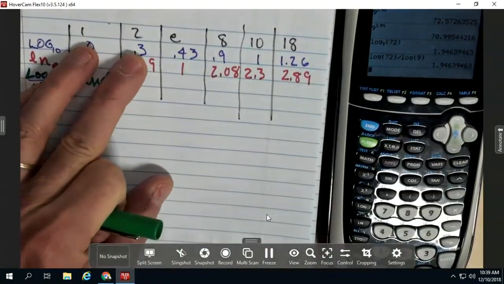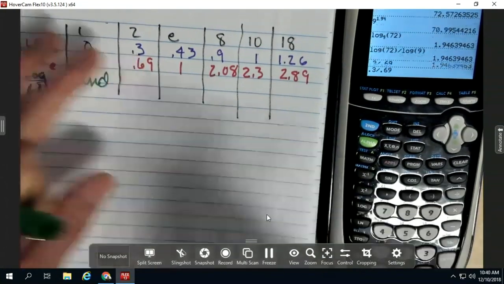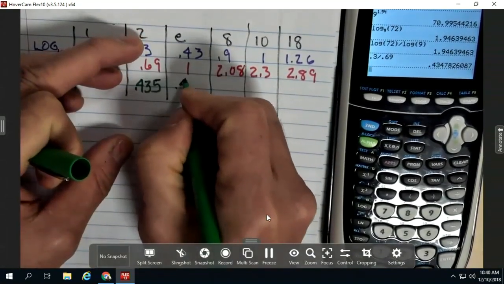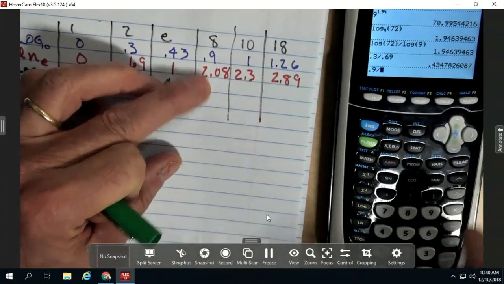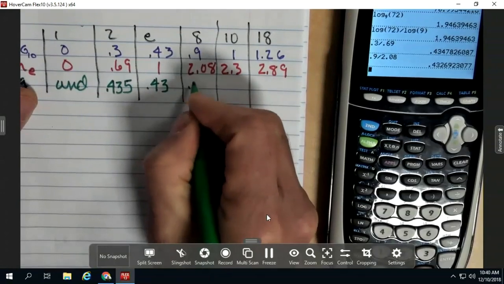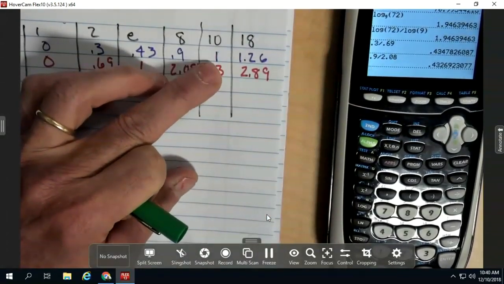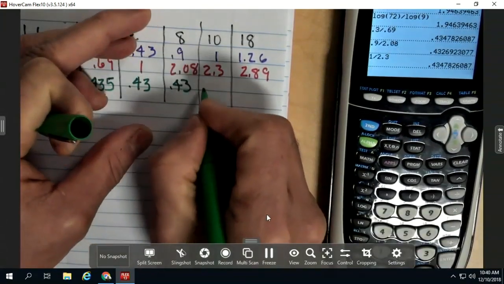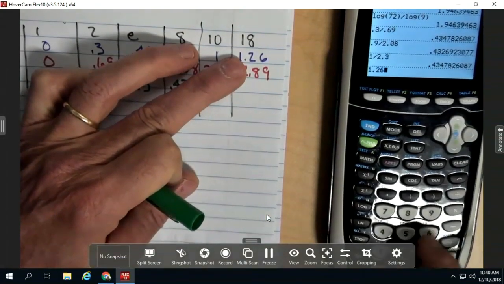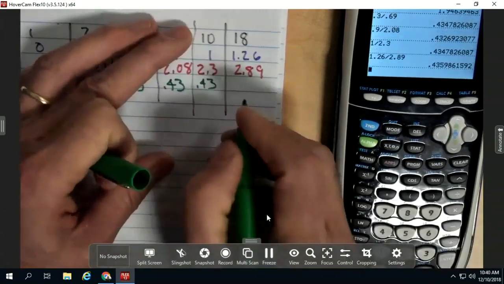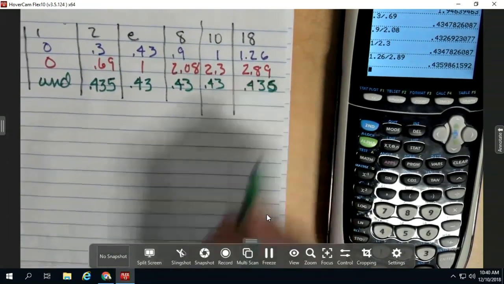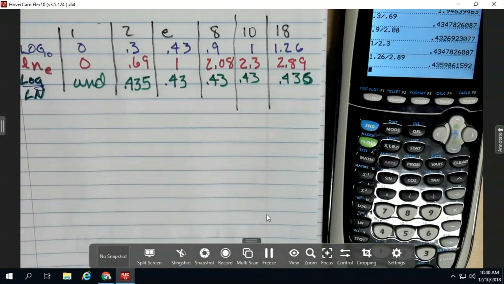But do each of the other ones. What do you notice? That ratio is always 0.43.